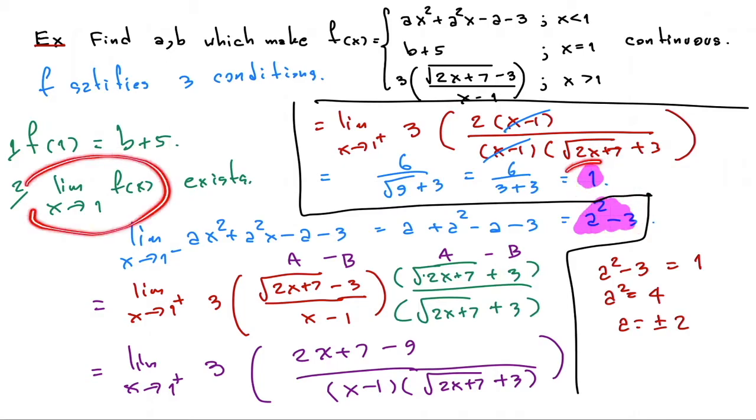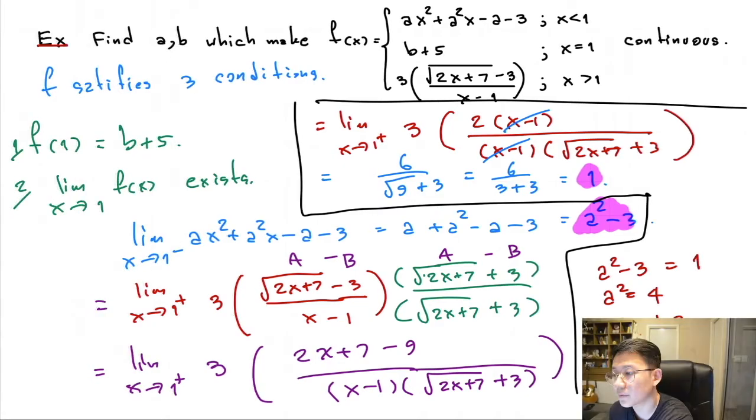So I have that b plus 5 equals 1, which means that b is minus 4. And that's it. So the answer is a is plus or minus 2 and b is minus 4. Good?